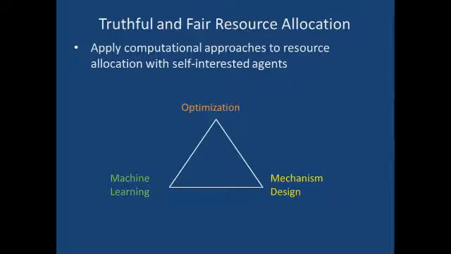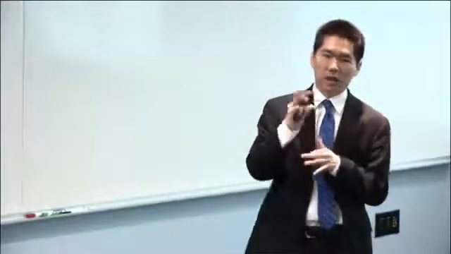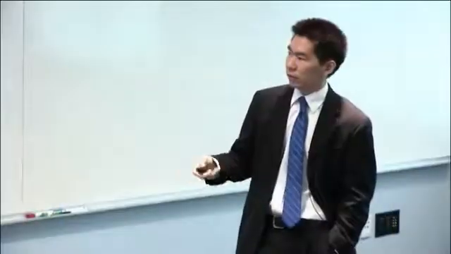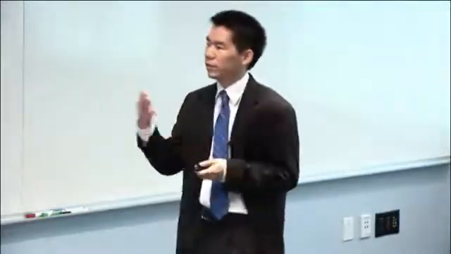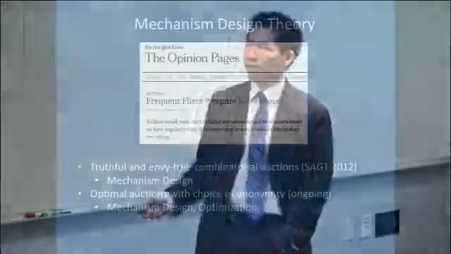In general, I'm interested in work at the intersection of machine learning, optimization, and mechanism design. I've done some work on the cake cutting problem, looking at both incentives in cake cutting and extensions that consider trying to optimize welfare in addition to fairness, which is typically studied in cake cutting.